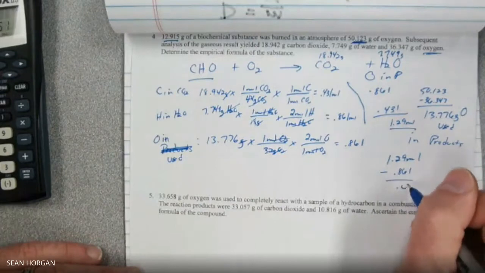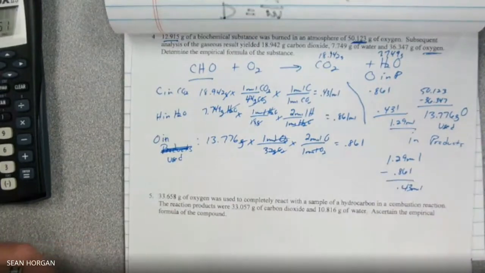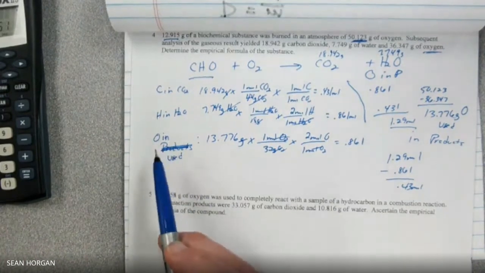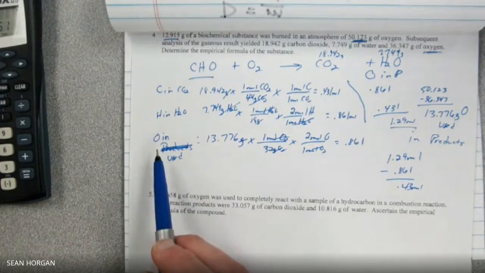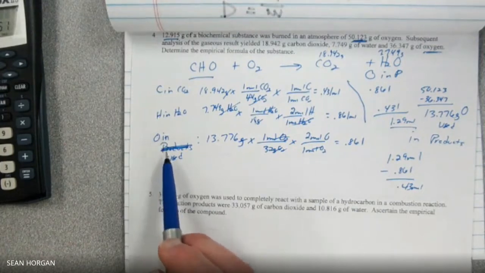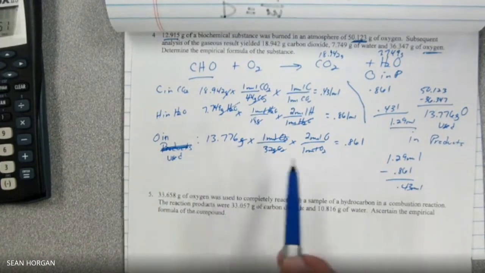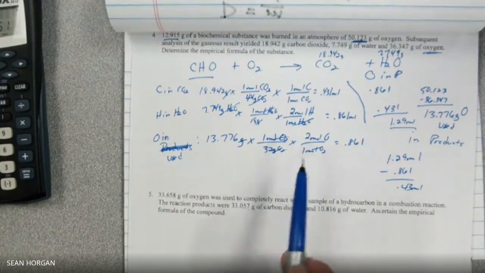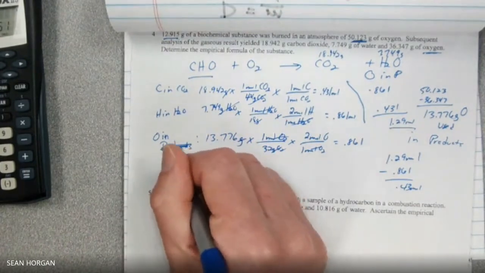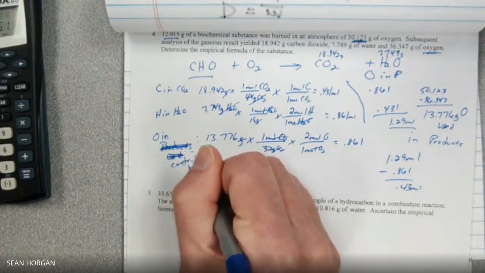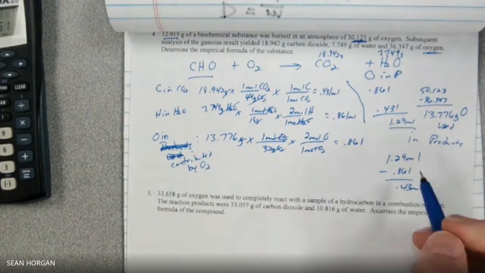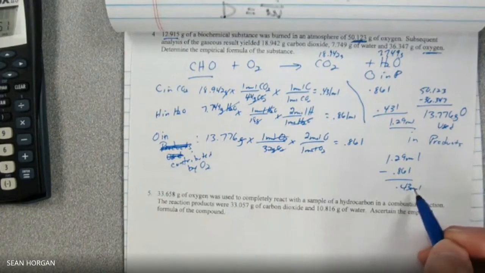So we end up with 1.29 moles minus 0.861 moles. We get 0.43 moles. Okay, so let's just restate it. Ready? This one shouldn't have said used. This should be the amount of O contributed by the O2. Yeah, that's a better way to say it. And then this is the amount of O total on the product side.